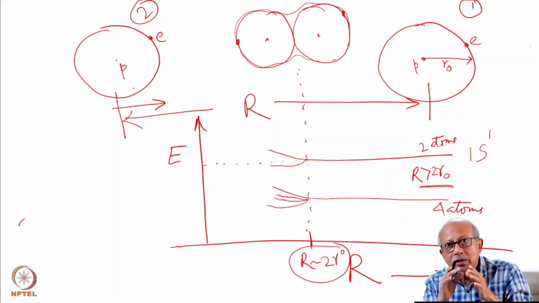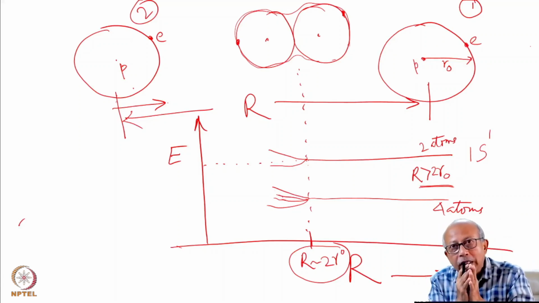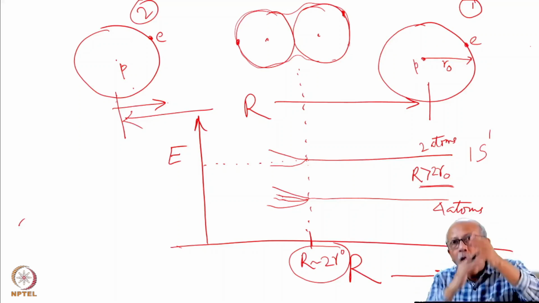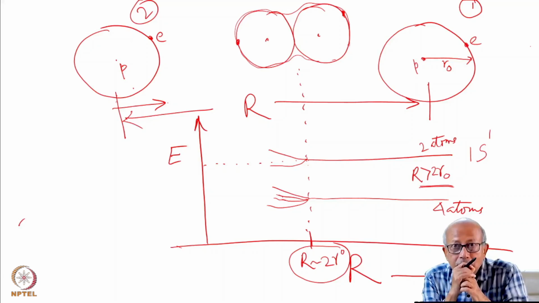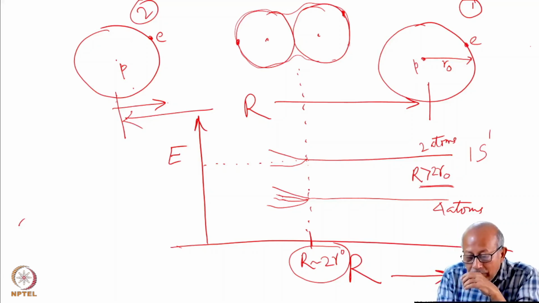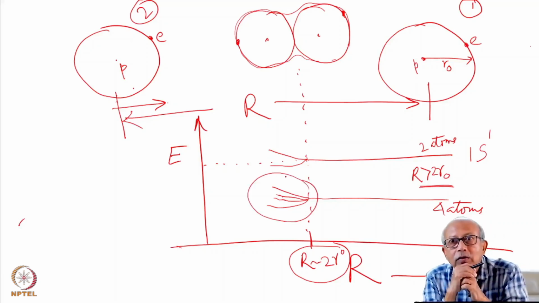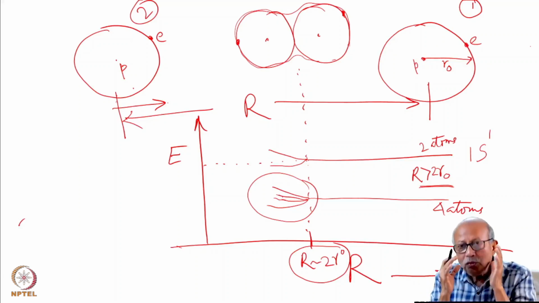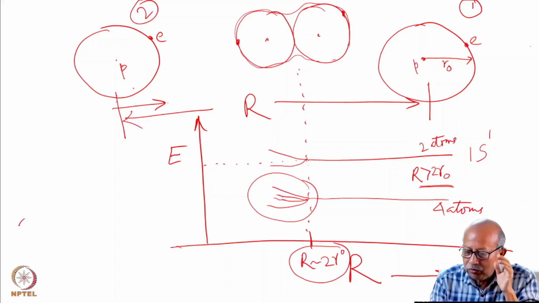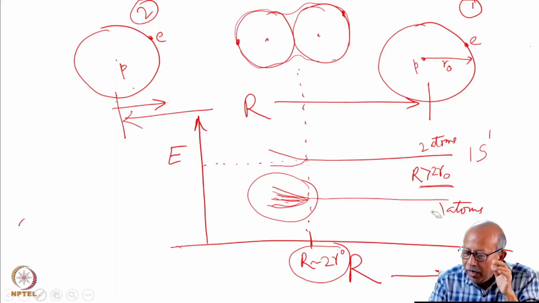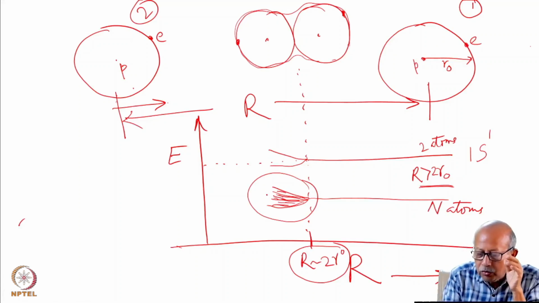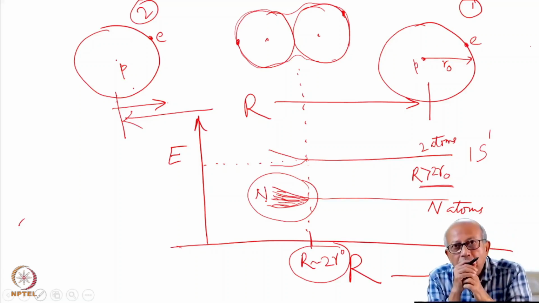That means the four electrons can actually rotate around all four nuclei. So they have started interacting with each other, and that manifests as the splitting of the energy levels. If we have n number of atoms, it will split into n number of energy levels.